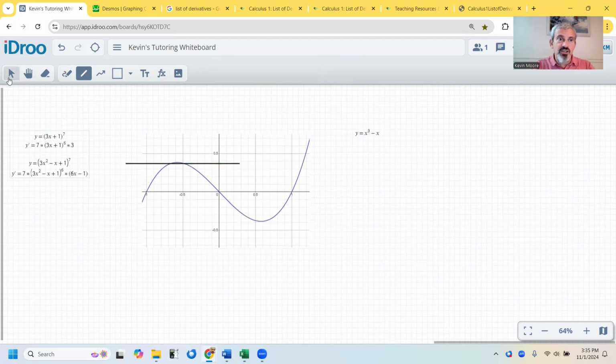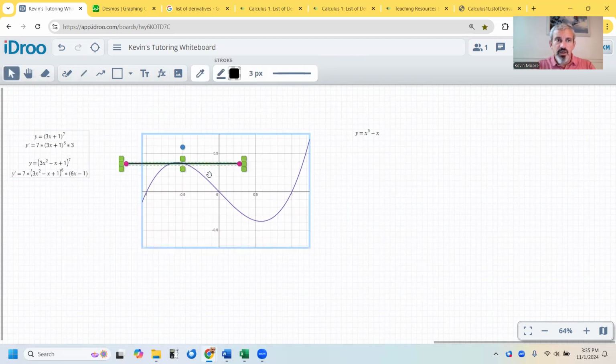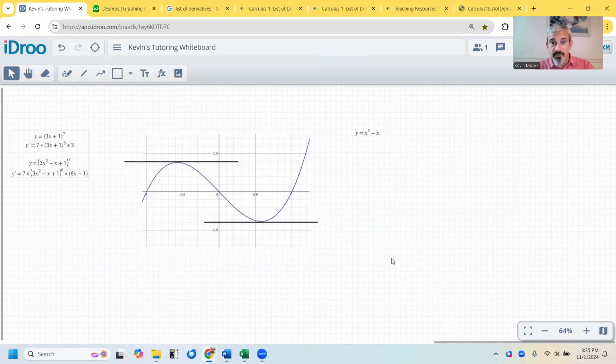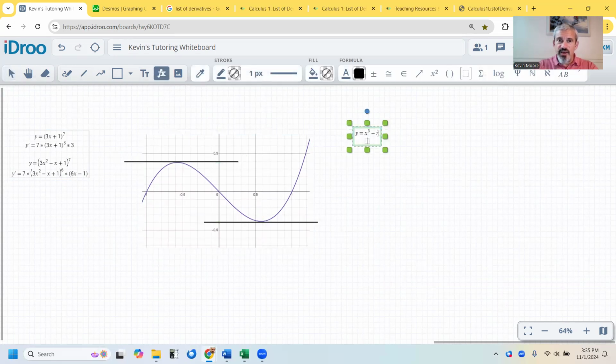What's the slope when the tangent line is horizontal? The slope will be 0, both here and here. So let's take the derivative of this. What's the derivative of x cubed minus x? For x to the 3rd power, the derivative is 3 times x to the 2nd, minus x to the 1st power, that derivative is 1. And we can now figure out where the slope is going to be 0.